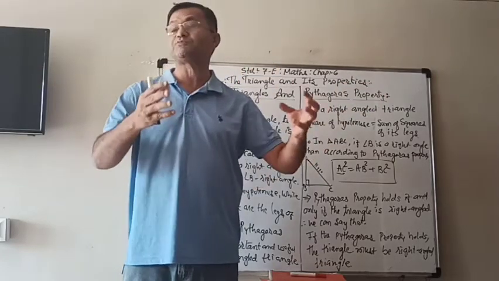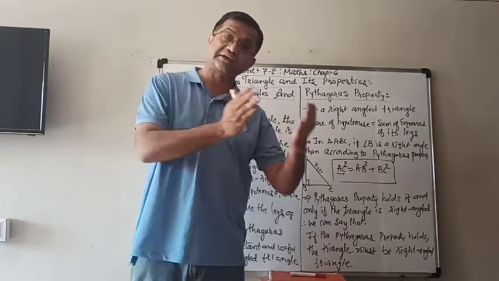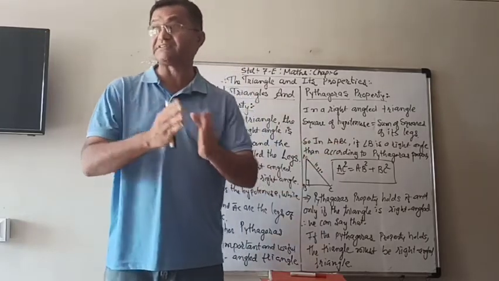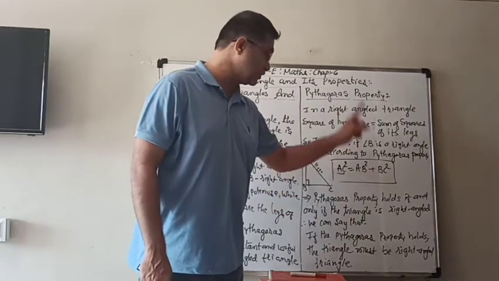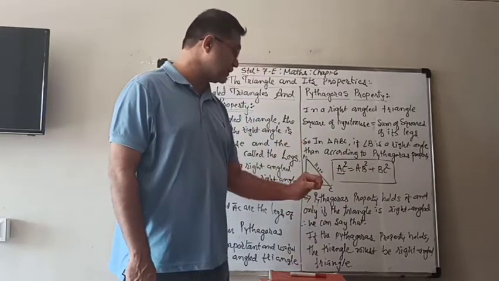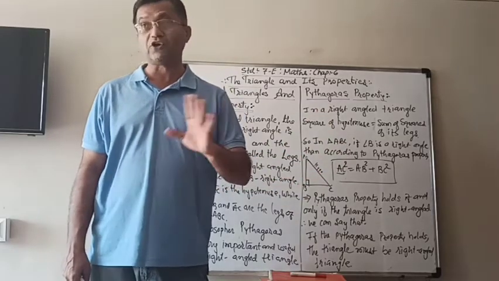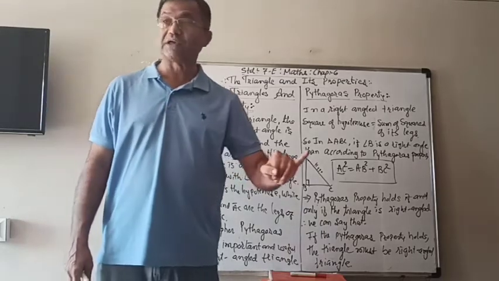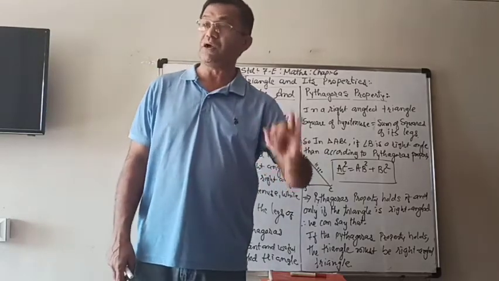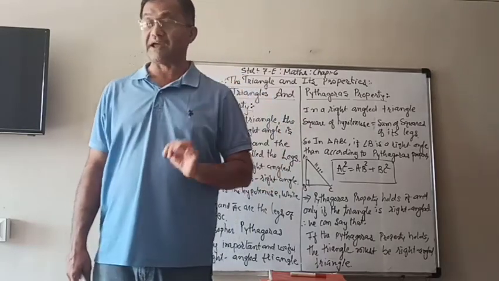If the Pythagoras property holds, then we can say that the triangle is a right angled triangle. Because Pythagoras property holds if and only if the triangle is a right angled triangle. It will not hold for any other triangle, not for the acute angled triangle and not even for the obtuse angled triangle. It will hold only for the right angled triangle.